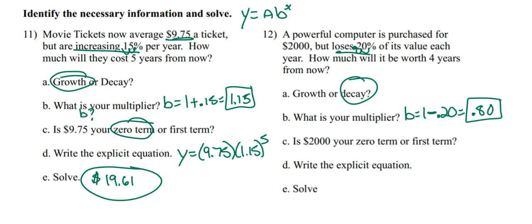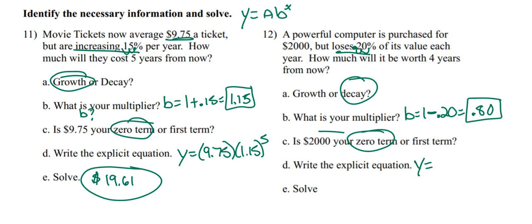Is 2,000 your zero term or your first term? So is 2,000 the value after 1 year? No, it's the initial value when I first purchased it. After 1 year, it's going to start depreciating. So I'm going to go with my zero term there. Write the explicit equation.